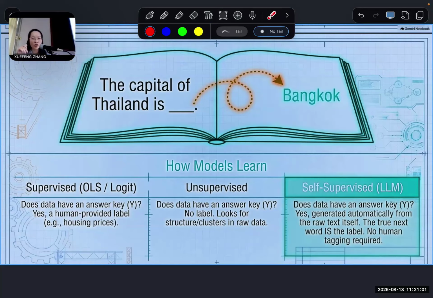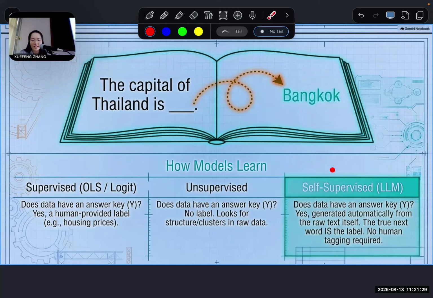Another one, unsupervised learning. Here we don't have any label, and there's no answer key at all, just looking for structure or clusters in raw data. One example of unsupervised learning is the advertisements you see from Google.